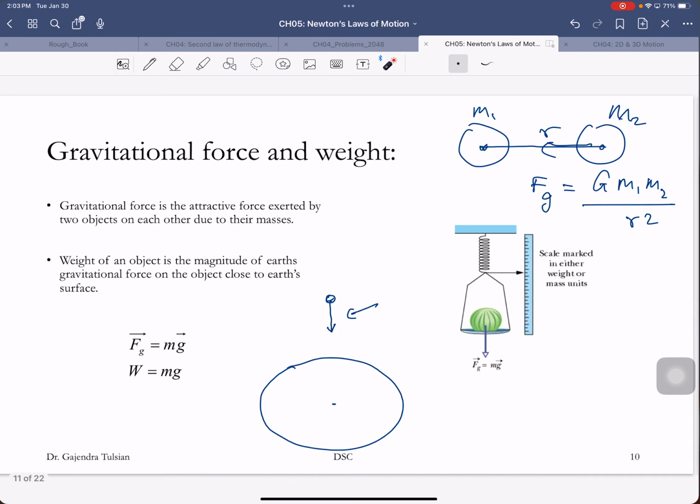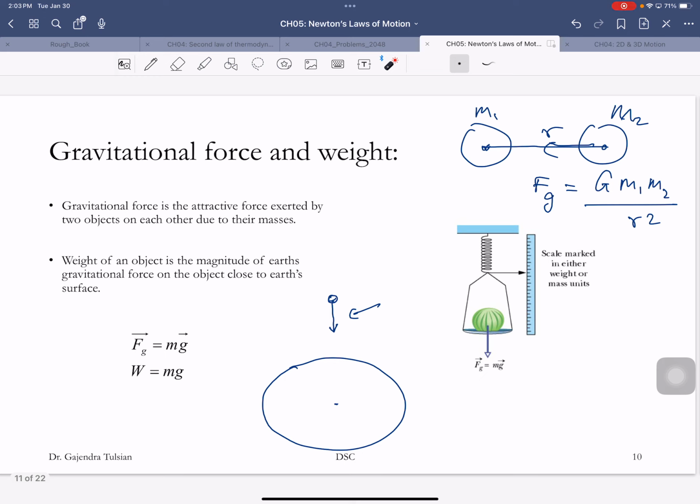You know the direction is toward the center of the Earth. So g is the acceleration due to gravity on the surface. Any questions? You guys understanding?